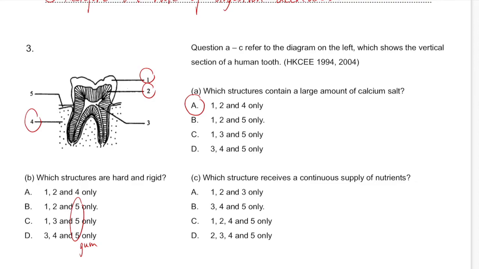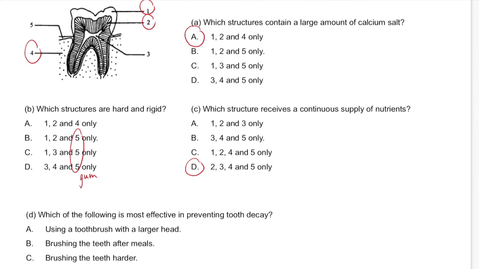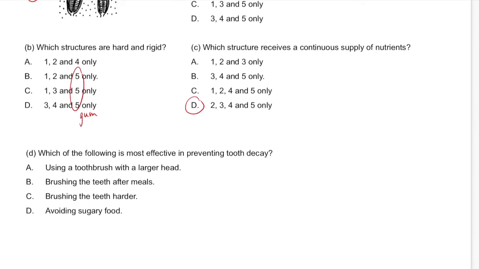So it should be D. Enamel is a non-living part of our teeth, so it will not be able to receive a supply of nutrients.